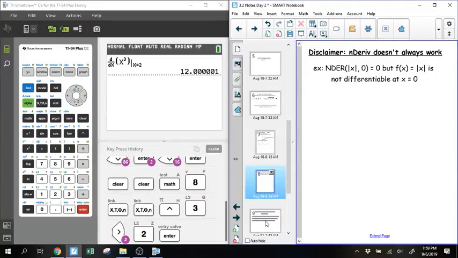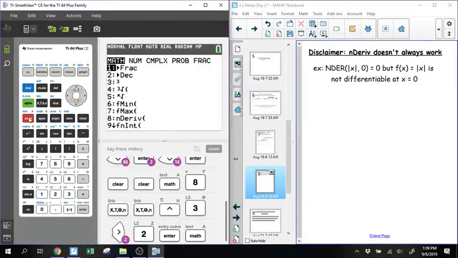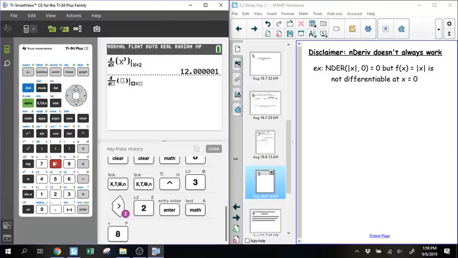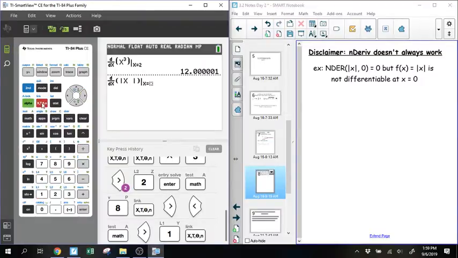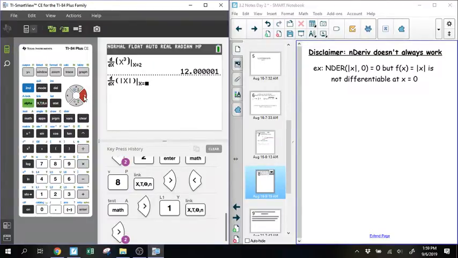But if you try your numerical derivative function on your calculator for the absolute value of x at 0, it will tell you that you get an answer. But it's not differentiable there.